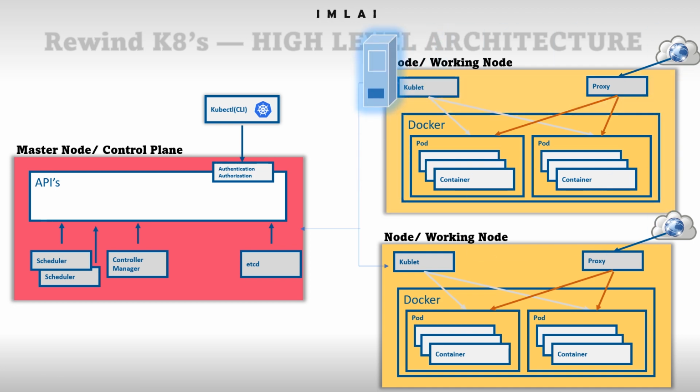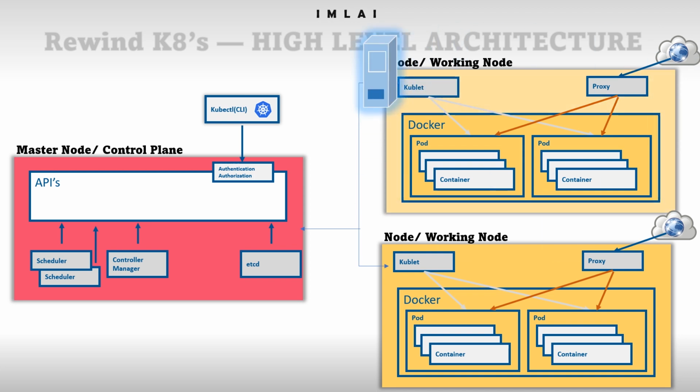Now we have to make a connection between the master node and the working node. For that, we have two methods. One is self-register, the second one is manual register. For self-register, it is done automatically through kubelet, whereas for manual register, you have to do that yourself.